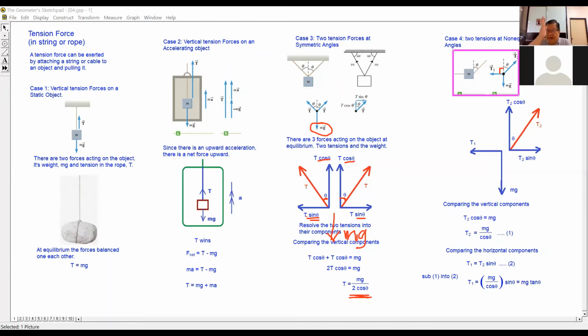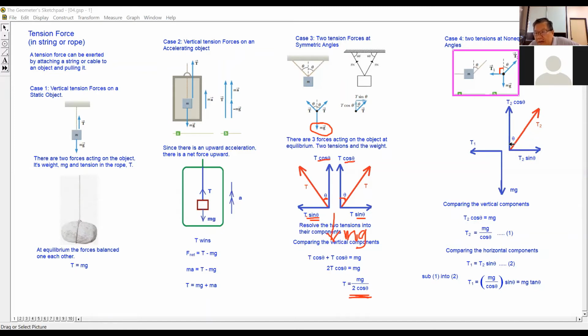That means when we look at the vertical component, the top and the bottom are equal. When we look at the horizontal component, the force to the right and the force to the left are also equal. So first of all, we resolve the tension T2 into two components, the vertical component and the horizontal component.